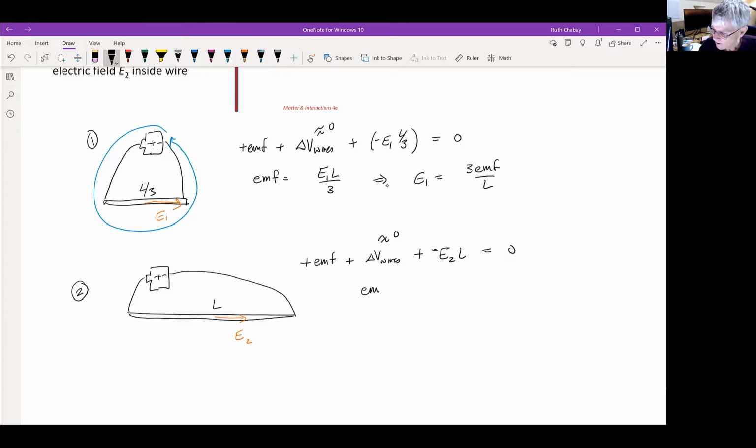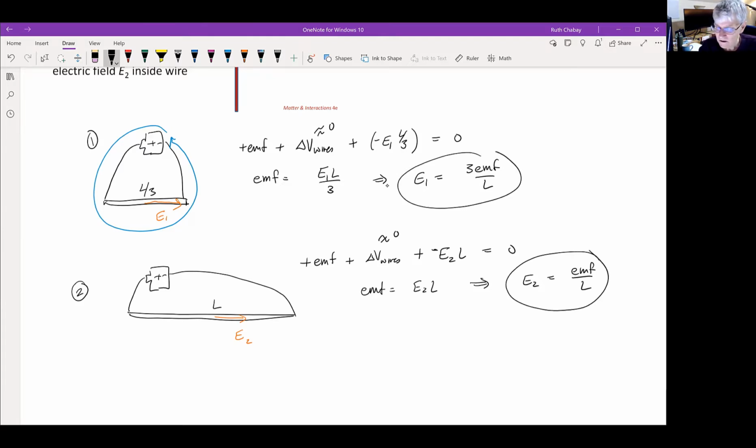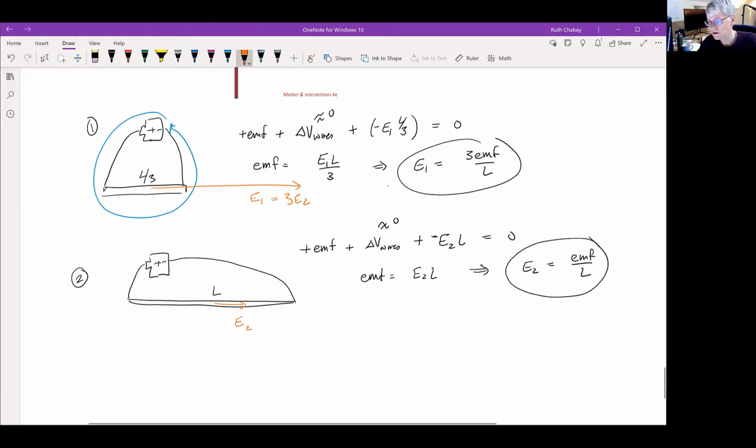And so we have EMF equals E2 times L, and that implies that E2 is equal to the EMF over L. And we see that in fact we do not get the same electric field in these wires. In circuit 1, the electric field is actually 3 times greater than it is in circuit 2.